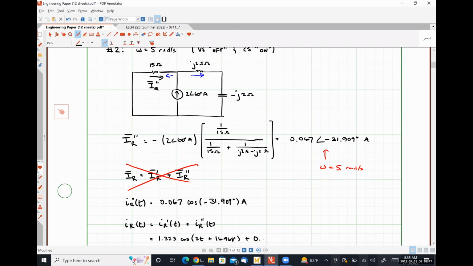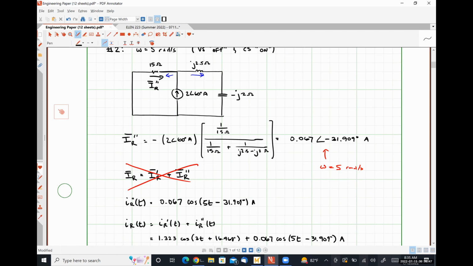Plus 0.067 times the cosine. Sorry, I made a mistake here. That should have been 5t minus 31.909 degrees amps. And this result cannot be simplified, okay?